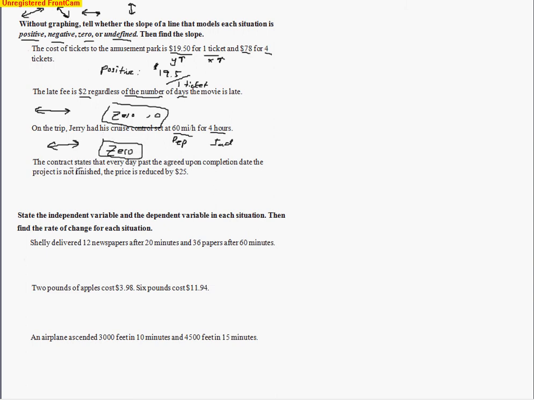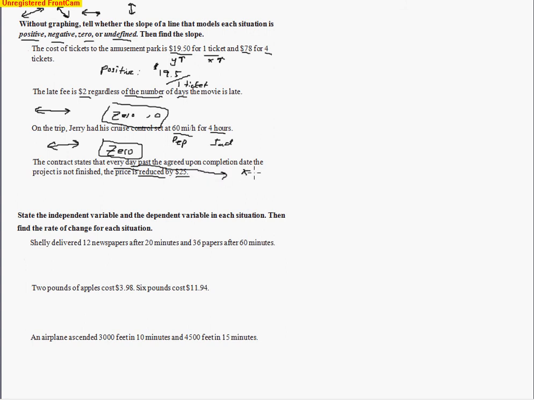Now it says the contract states that every day past the agreed upon completion date, the project is not finished, the price is reduced by $25. So every day, that means days are changing, and those days are increasing.